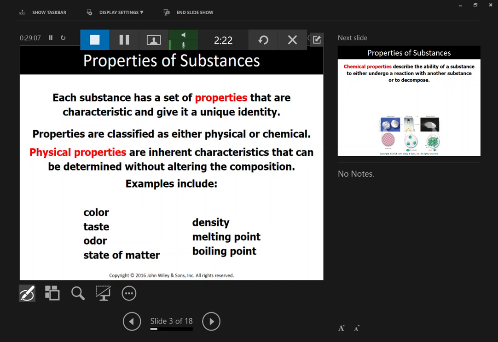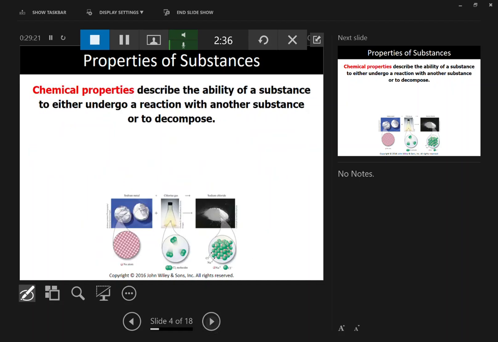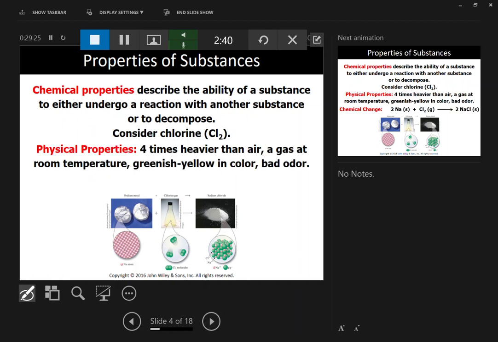Some examples of physical properties are color, odor, taste, shape, like the physical states, density, melting point, and boiling point.